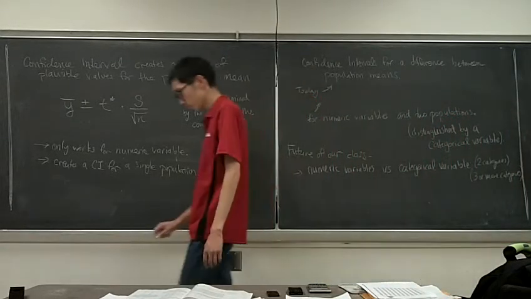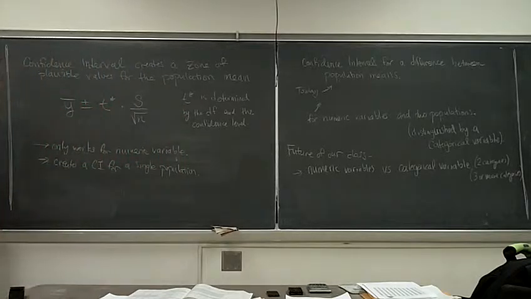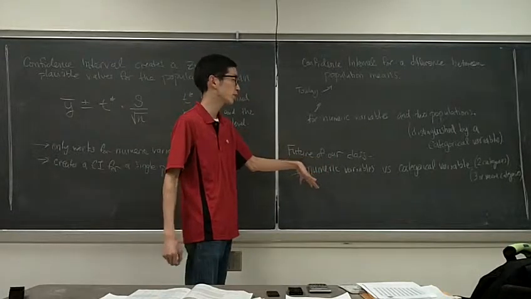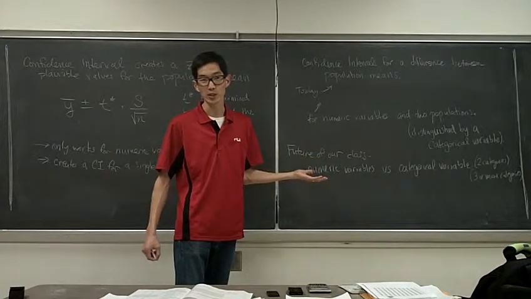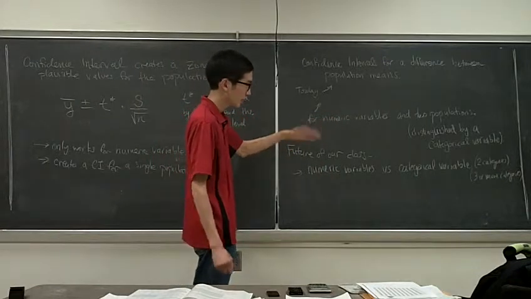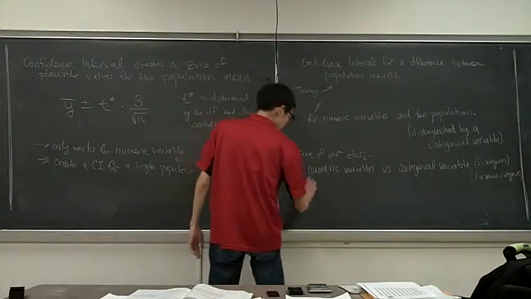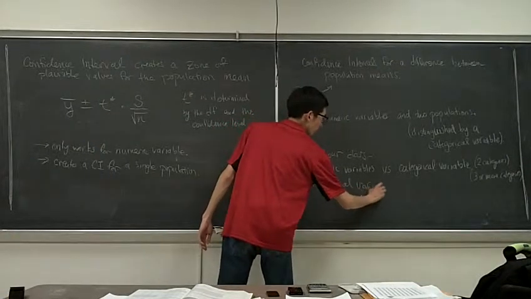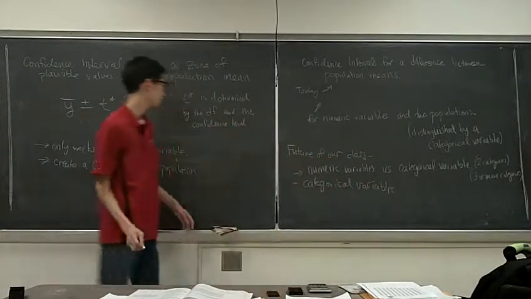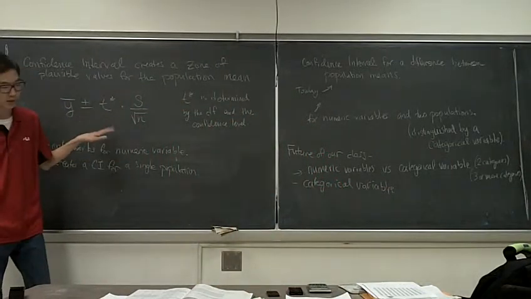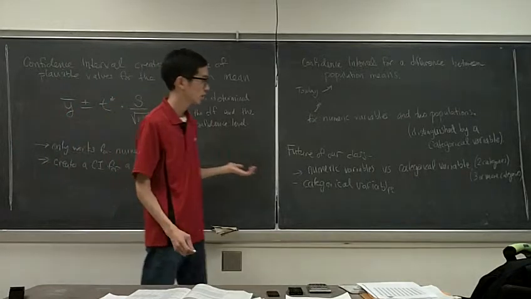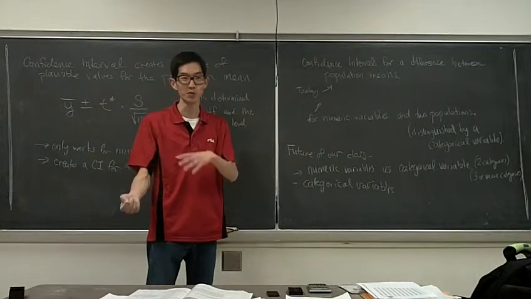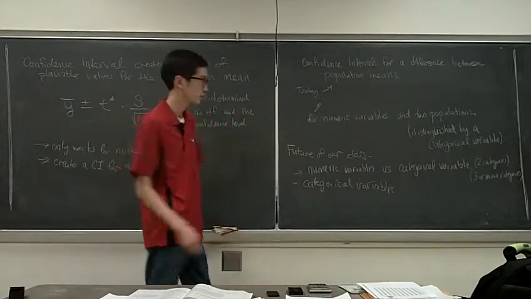That's going to be a few different weeks. We're also going to talk about what if we're not dealing with a numeric variable? What if we're dealing with categorical variables? We're going to see if we can make inference on categorical variables in and of themselves, kind of like this is for a numeric variable, just for one variable only. And then we're also going to see categorical variables versus other categorical variables. Is there a relationship between different categorical variables?